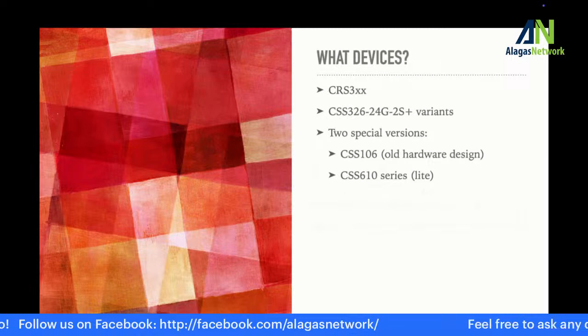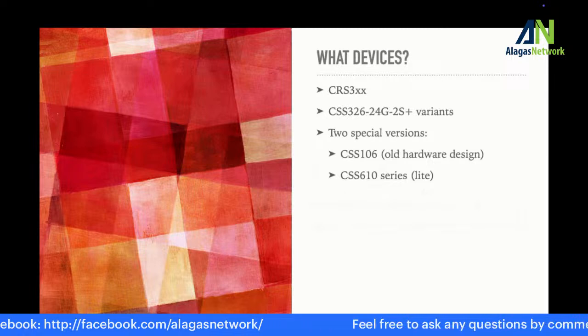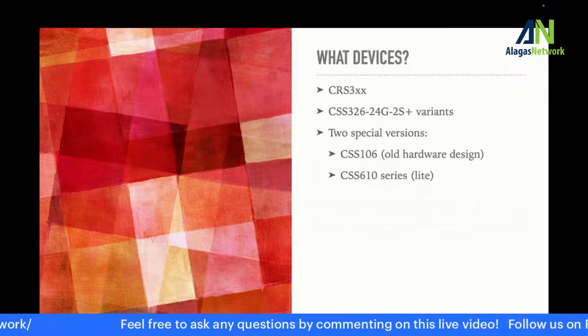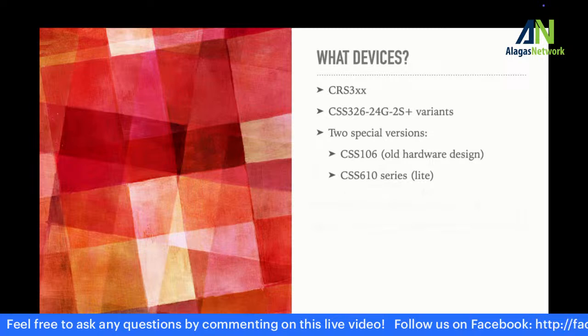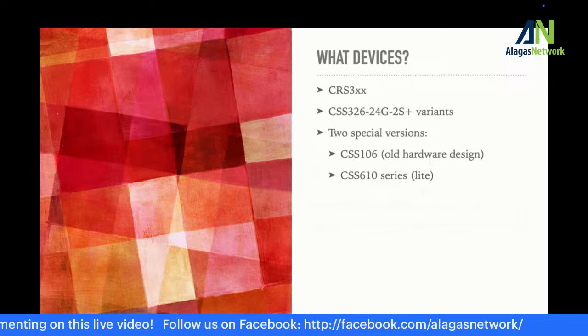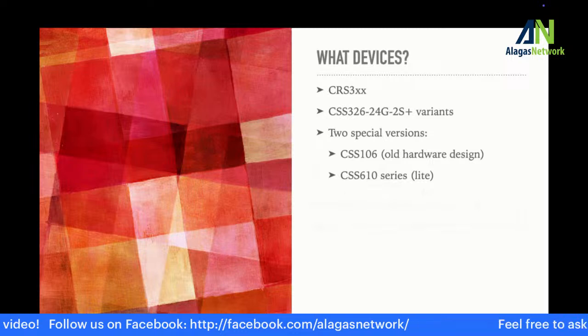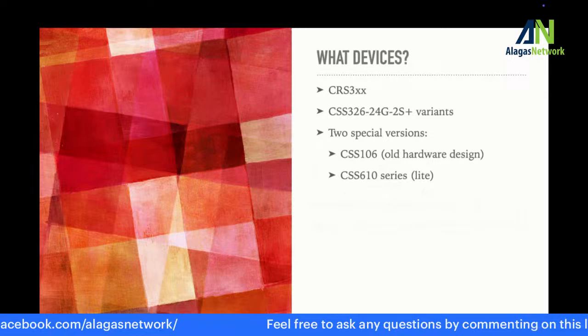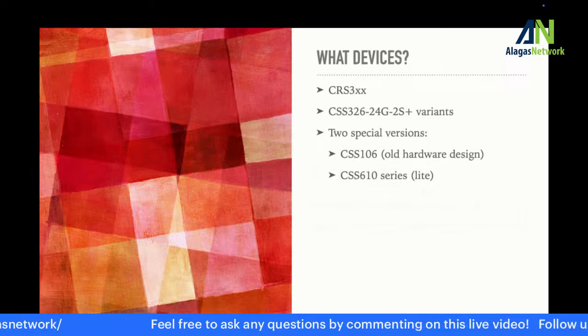So what devices actually support SwOS? All the CRS 300 series, and I believe the 500 series also support it. CSS 326 variants. And in SwOS, there are actually two other special versions.